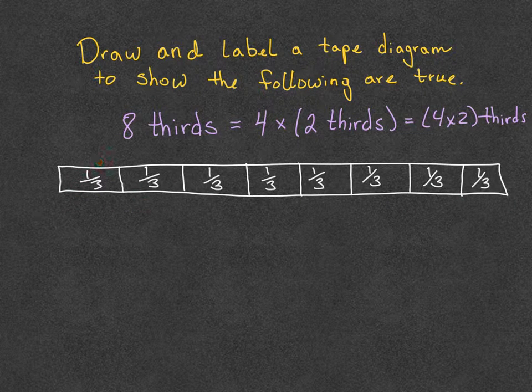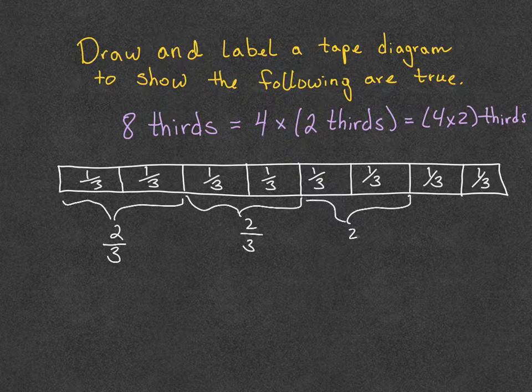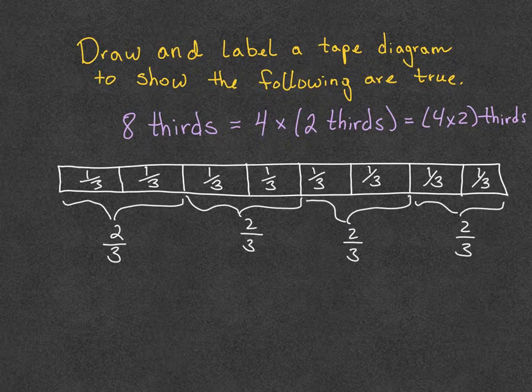And I have 8 thirds. This tape diagram is cut up into 8 one-thirds. So basically what we have here is this one right here is 2 thirds. Over here, 2 thirds. Over here, 2 thirds. And our last one, 2 thirds. So basically we do have 4 groups.